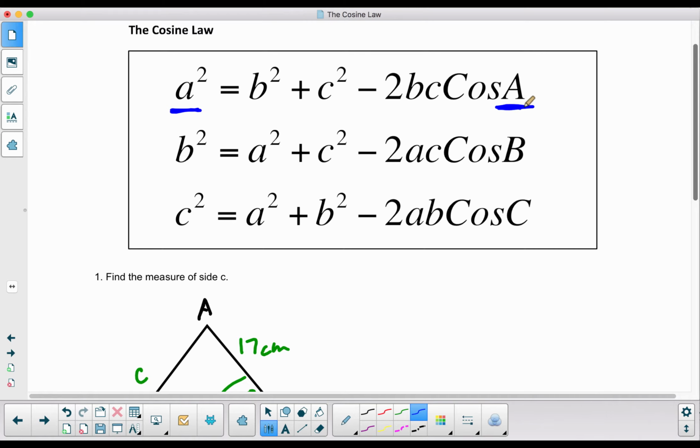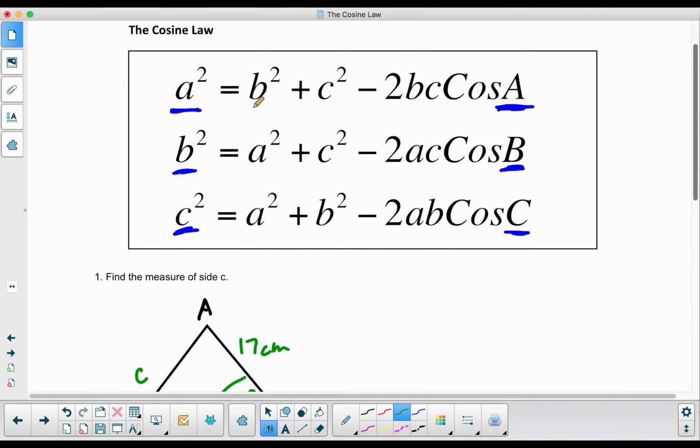So in cosine law, this is important too, and this will help you work with cosine law. We're only working with one angle in cosine law ever. Whatever angle we're working with, we start the formula off with the opposite side. So same thing in this form here, cos b, we're working with angle b, and the formula starts off with side b, the square of side b, and then angle c and side c.